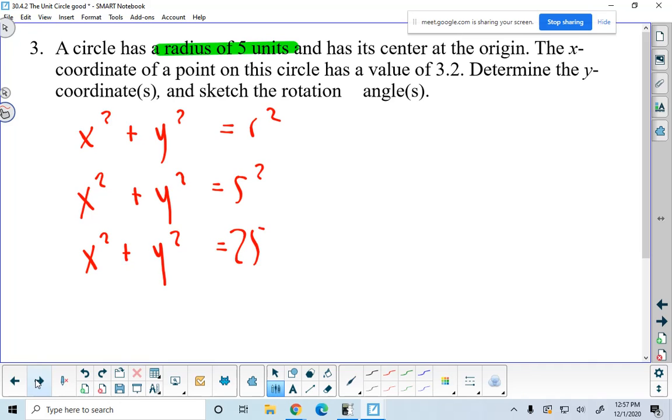Now, I don't normally say this, but we'll just shave a couple of minutes off this. Since this x coordinate is given in decimal form, let's calculate the y coordinate in decimal form. What that's going to mean is it's going to be rounded and it won't be an exact value, but that's okay. We can have 3.2 squared plus y squared equals 25.